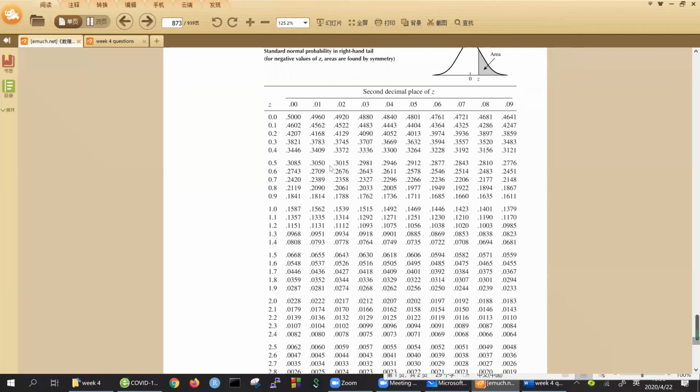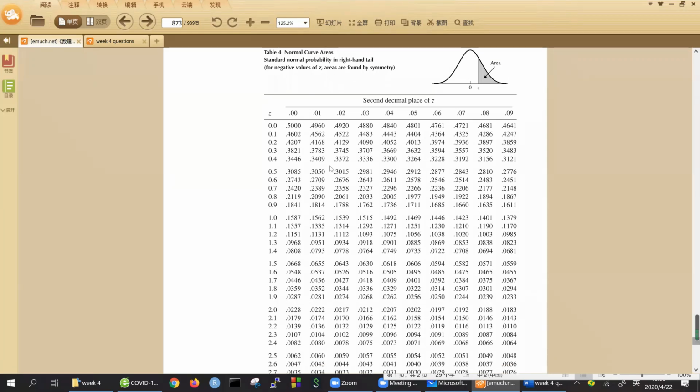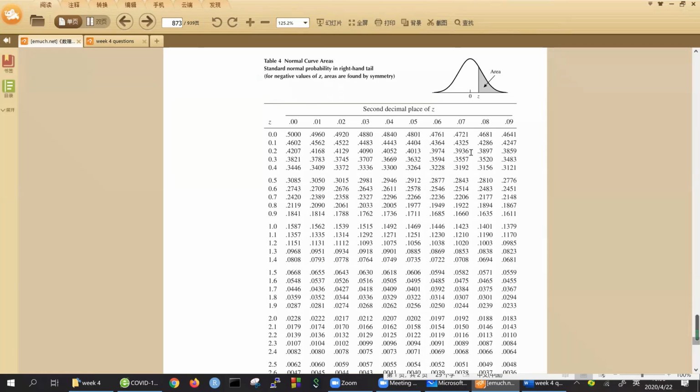But still, we need to learn these things, because more often than not, we will not have a computer on hand when we are encountered with a statistical problem. And the idea is you need to familiarize yourself with some important points in these graphs.